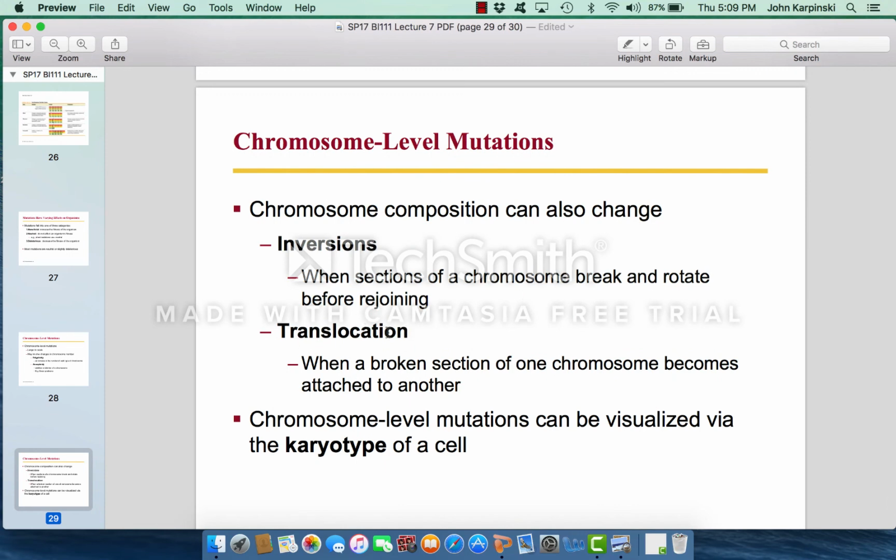Translocation is not always deleterious, but it can be. This occurs when a section of a chromosome breaks off from one chromosome and then attaches to a totally different chromosome. A healthy example of this happens during meiosis, and we'll talk about this later in the semester, in fact, the last unit, so after spring break.